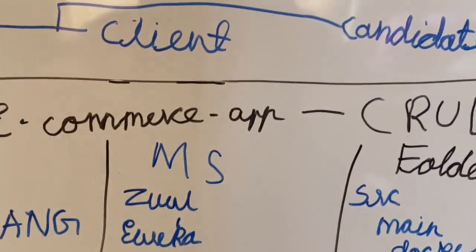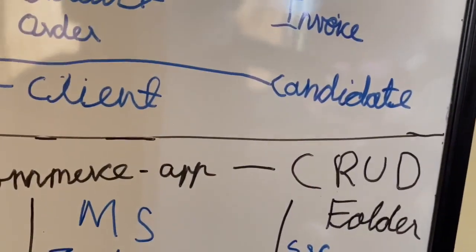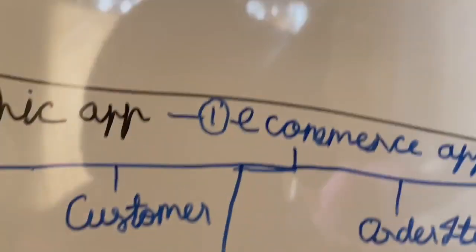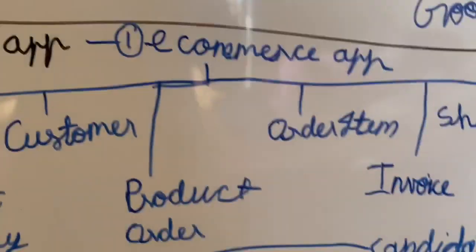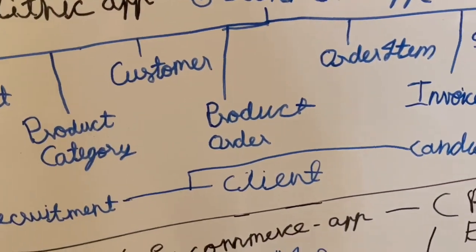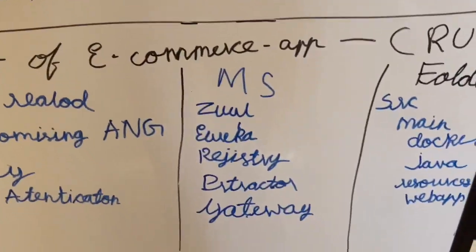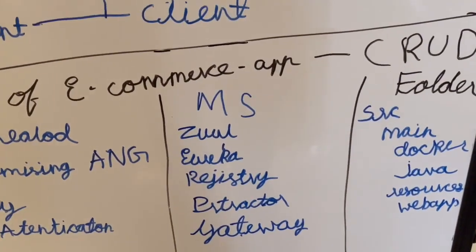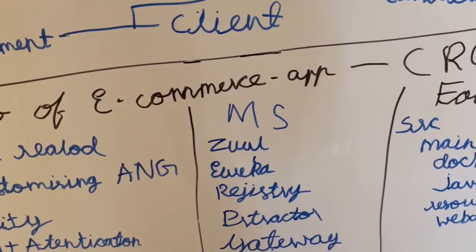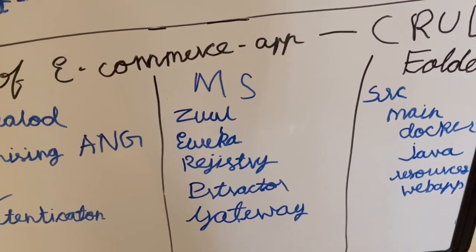Next thing I observed is if there is an error in a part, then only the part doesn't work. So in Monolithic, as I said, if one part is not working, then the whole application stops working. But in microservice, if one part stops working, the whole application still works, except the part which doesn't work.